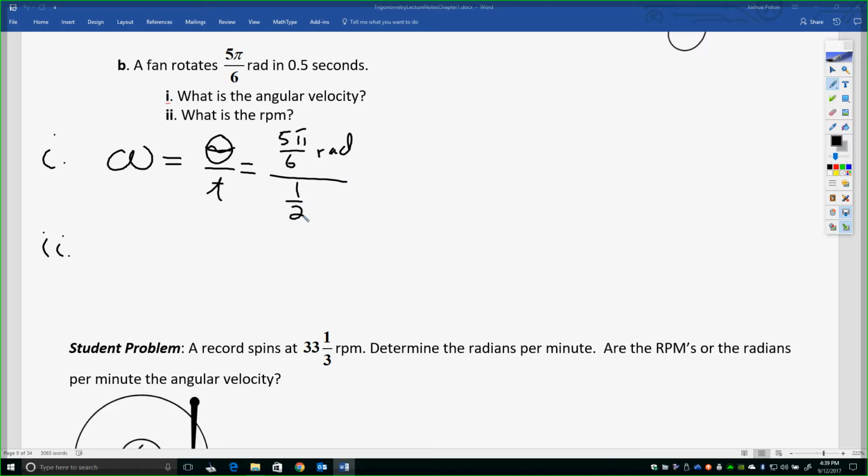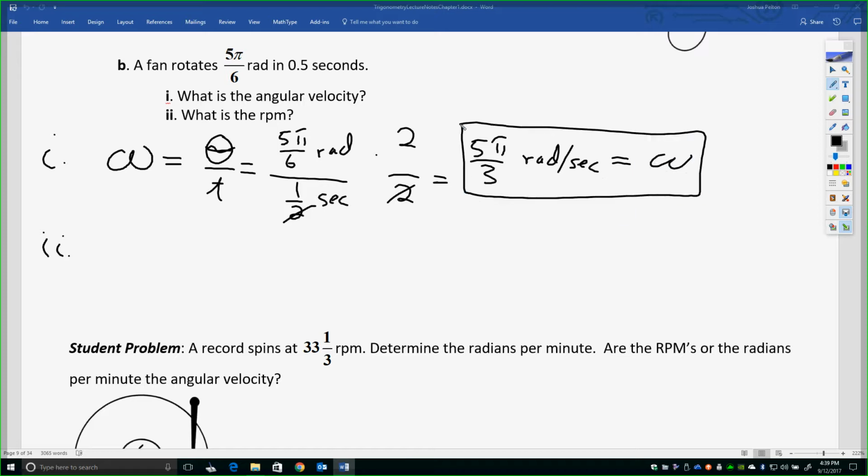So that's 1/2 seconds. We want to make a proper or improper fraction now and get rid of the complex fraction. So we're going to multiply by 2 over 2. So that cancels there, and it'll give me 5 pi over 3 radians a second. And that, in fact, is an angular velocity because it's an angle over time.